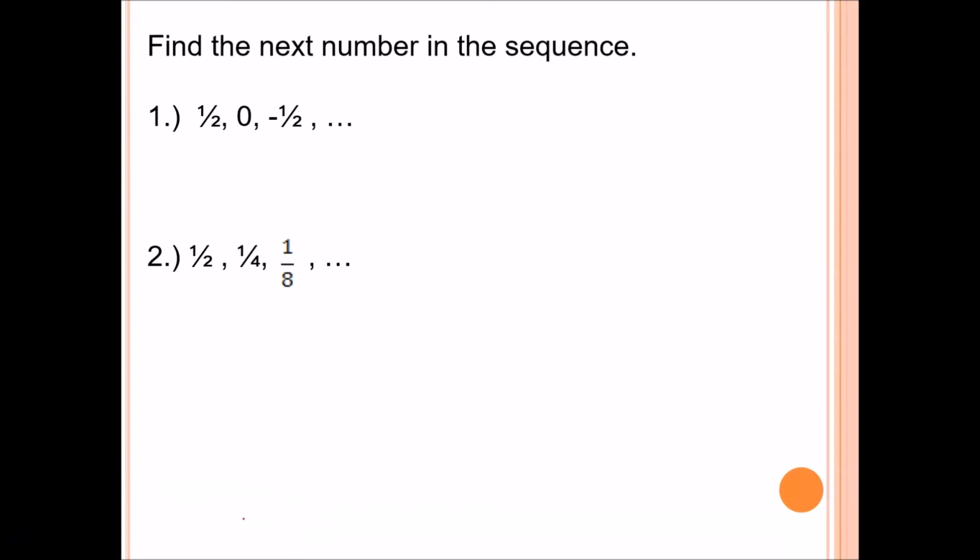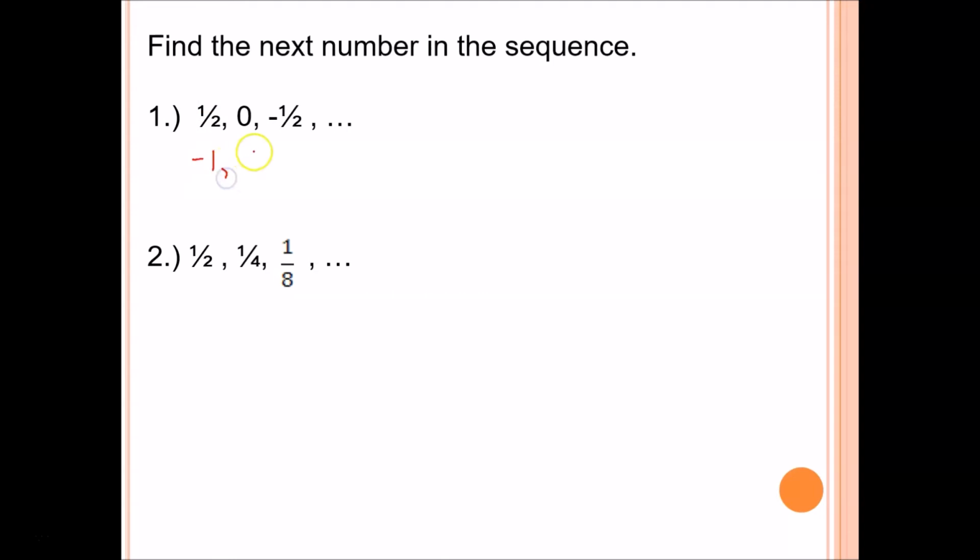For numbers 1 and 2, we need to find the next number in the sequence. For number 1: 1/2, 0, -1/2. What have you noticed? Yes, the number is decreasing by 1/2. Therefore, we have to subtract 1/2 from the third number, so -1/2 minus 1/2 is negative 1.